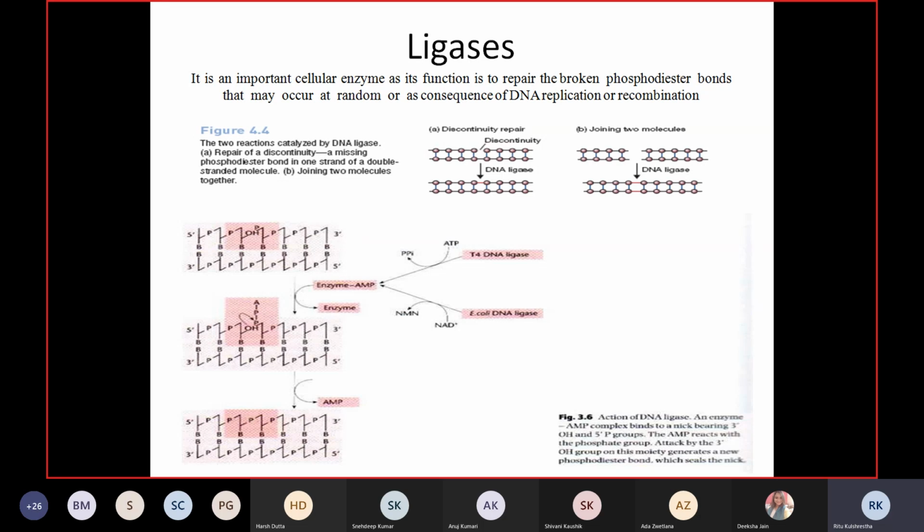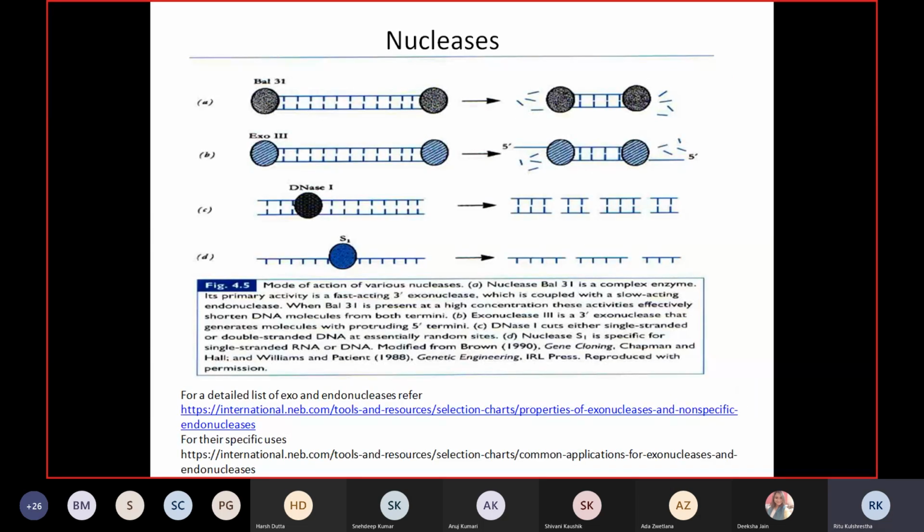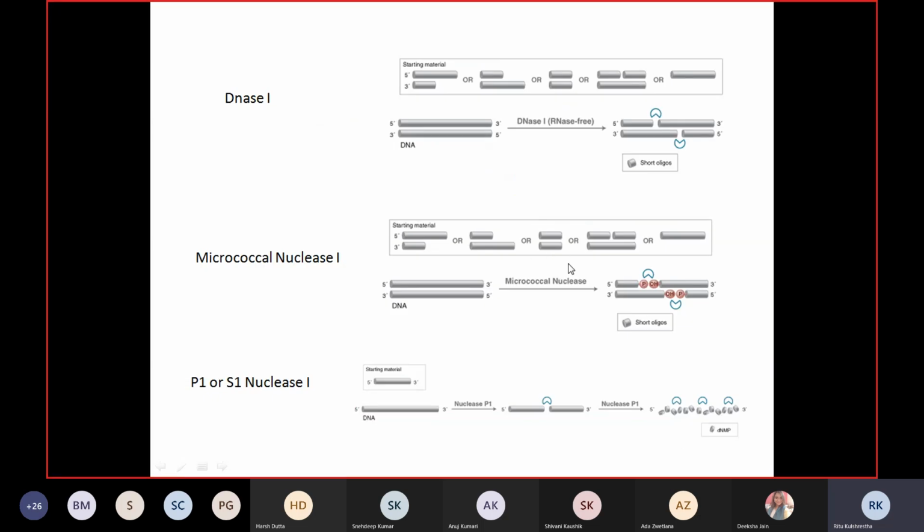Now coming to the difference between T4 DNA ligase and E. coli DNA ligase. Both of these DNA ligases work very well for joining DNA molecules which have staggered ends. See, this is a blunt end DNA molecule.